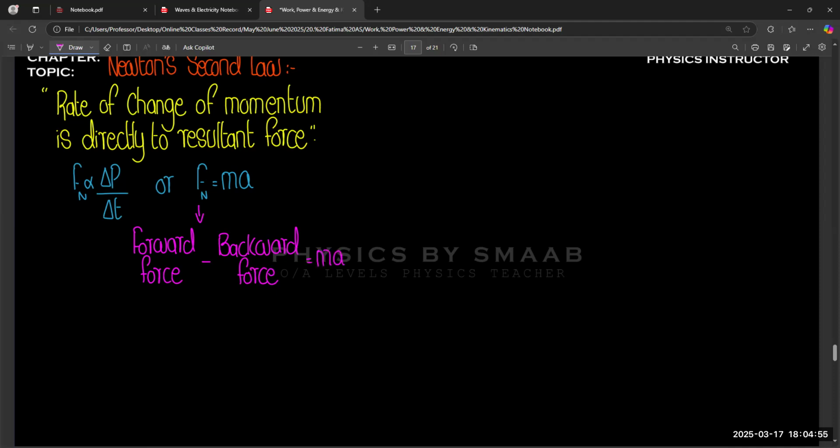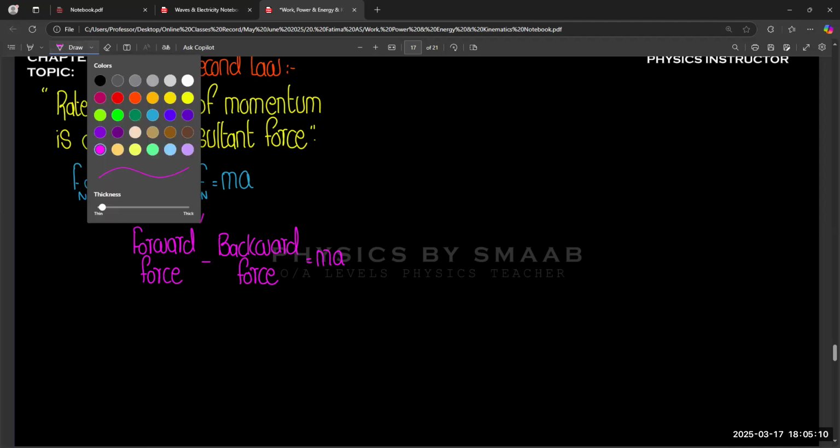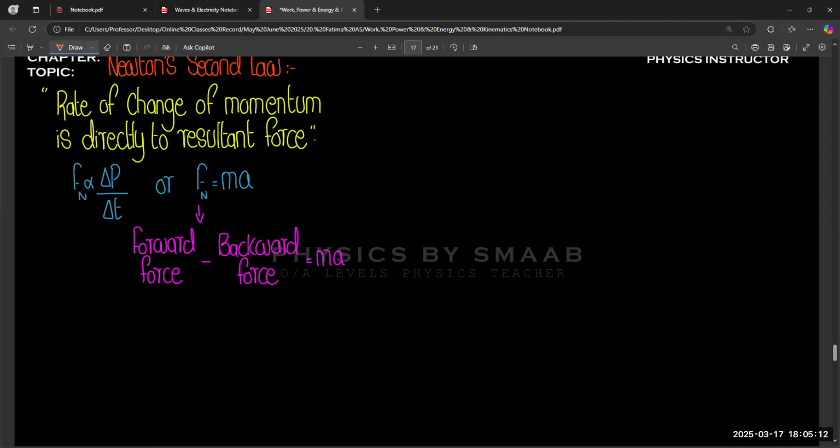In the same way, if forces are acting in vertical direction, we can write upward force minus downward force equals ma to find out the resultant force, right? And we apply Newton's second law when we get these keywords in our question.